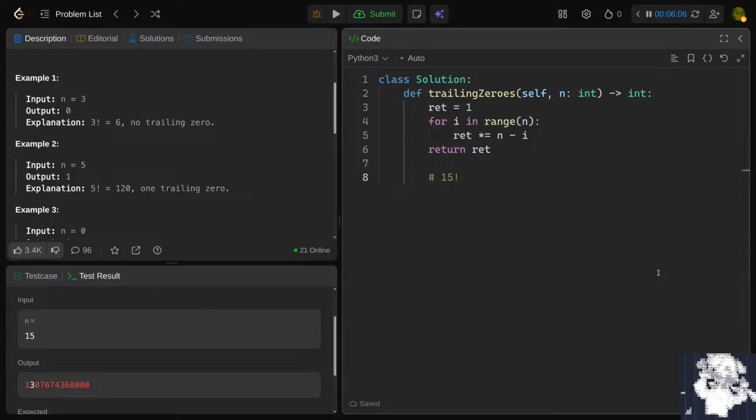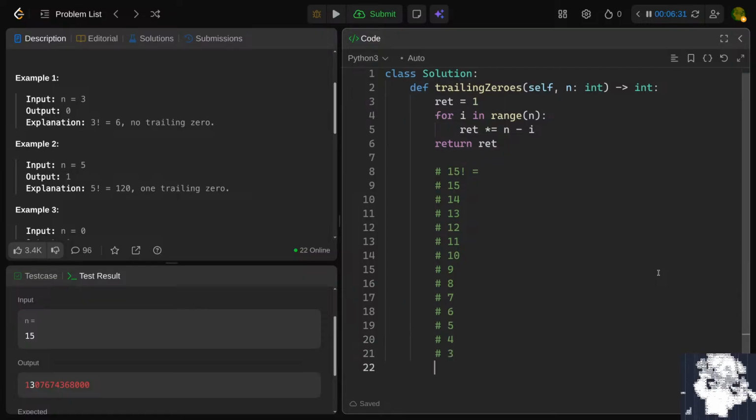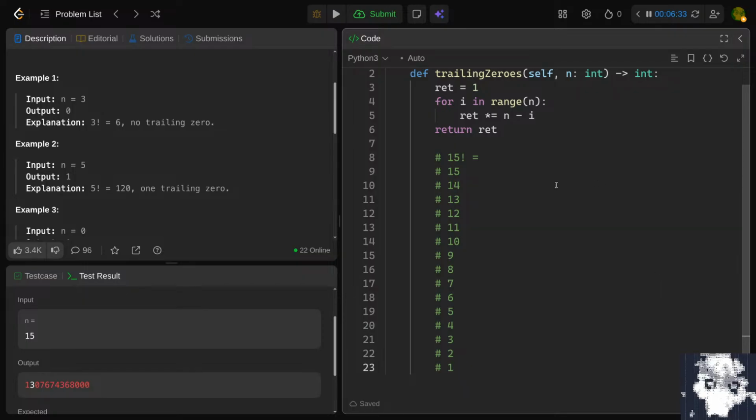Let's just say equals like this. 3, 2, 1. And I was saying here's one of them, and then if you combine this and this, that's another one.